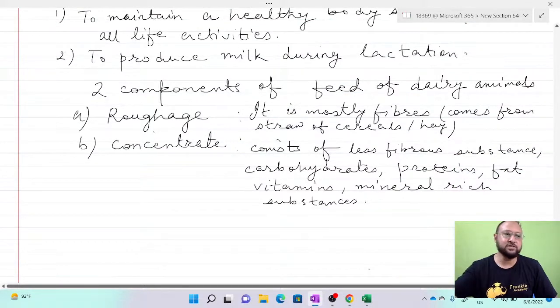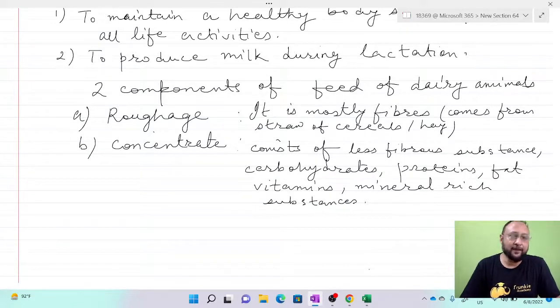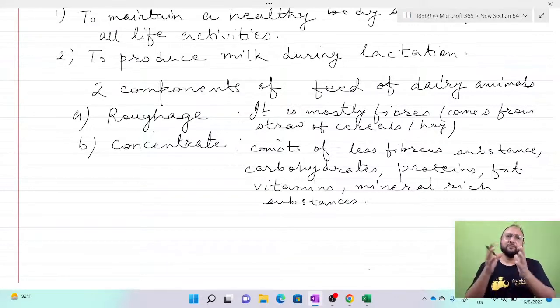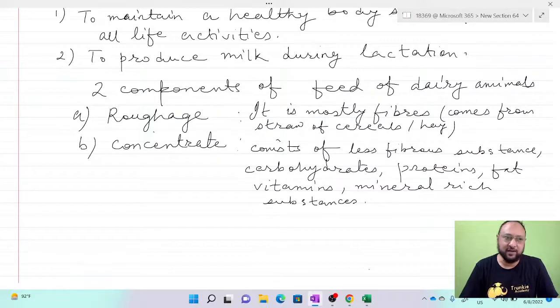Now there are some diseases that we need to prevent. Like in human beings, there are some kinds of disease found in cattle also. If proper hygiene and care are maintained, these animals can be protected from disease.